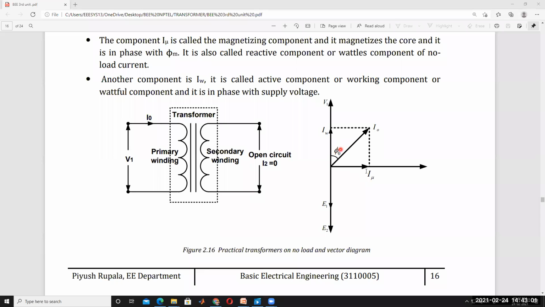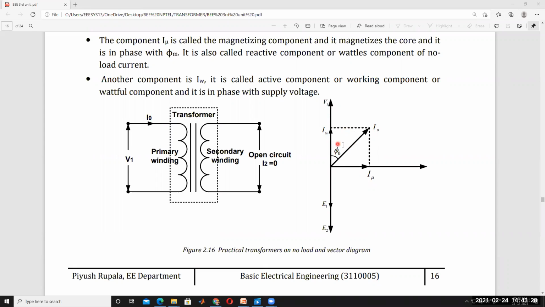The resultant of these two currents is called I naught, and the angle between V1 and I naught is called phi naught, the no load power factor angle. The power factor of the transformer under no load condition is cos phi naught.